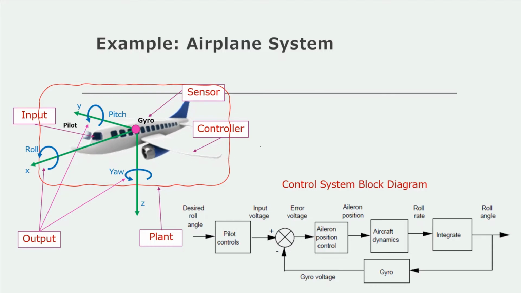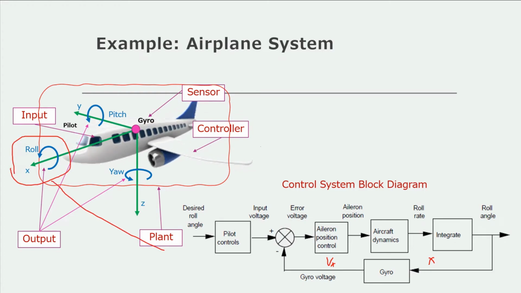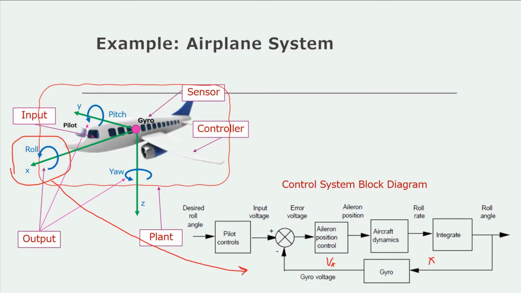Here is the roll angle, x, so the gyro voltage is Vx, because the x exists here. This is a controller just for the roll. For the yaw and pitch you need to design other control structures.